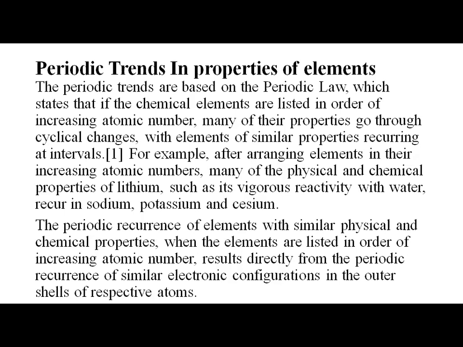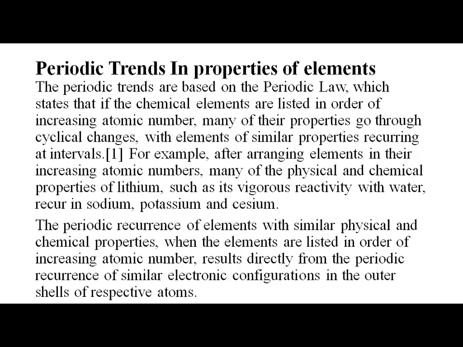For example, after arranging the elements in increasing atomic numbers, many of the physical and chemical properties of lithium, such as its vigorous reactivity with water, recur in sodium, potassium, and cesium. So we have seen this. Whatever elements come in a particular group, they will have similar properties.